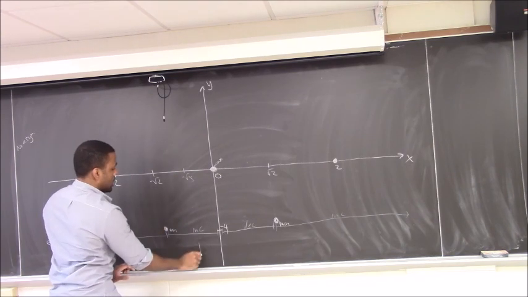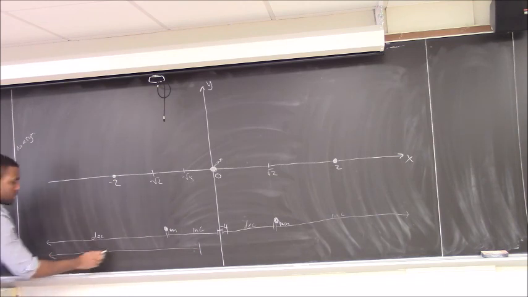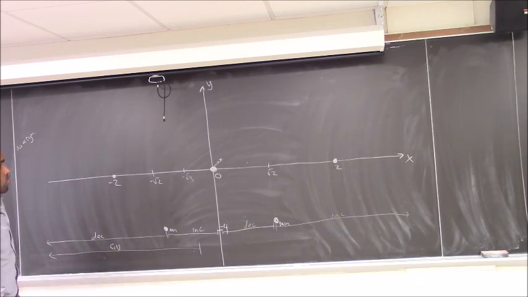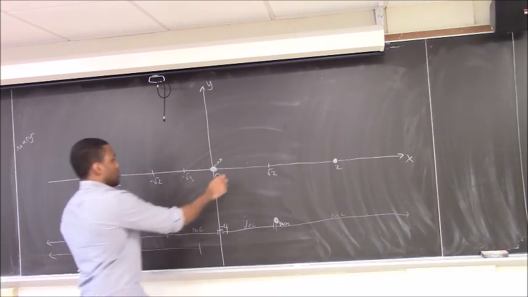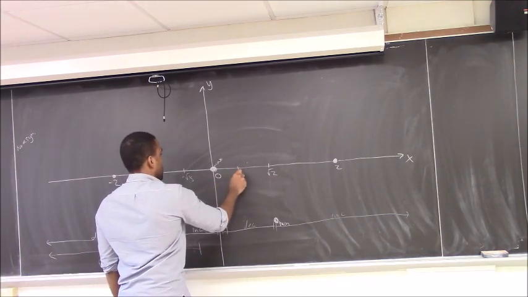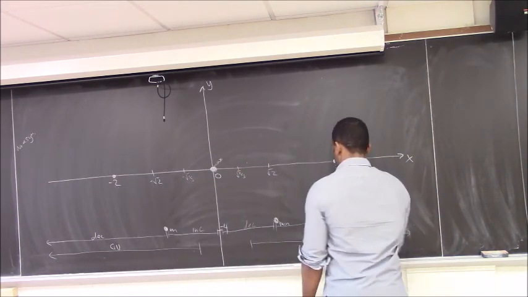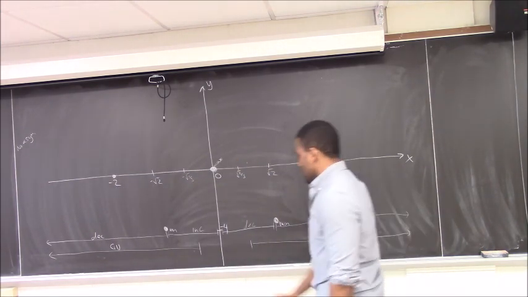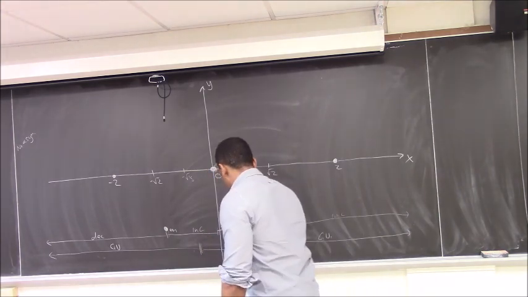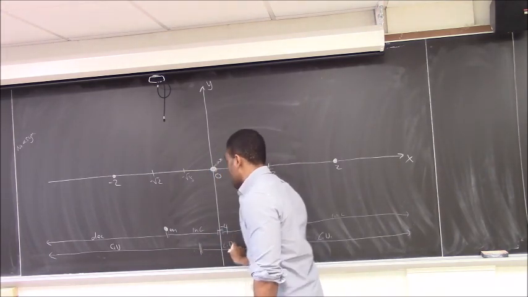So from here back, I'm concave up. Where else am I concave up? Positive radical 2 over 3 to infinity. Positive radical 2/3, just up here, all the way to infinity. Concave up. And in the middle, I'm concave down, right? Yeah. Concave down.